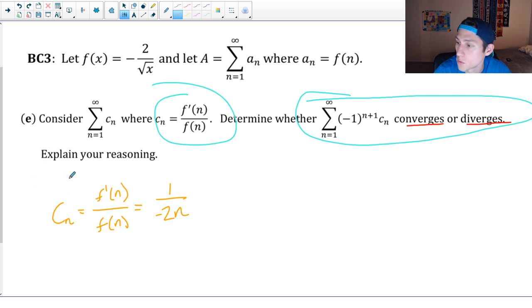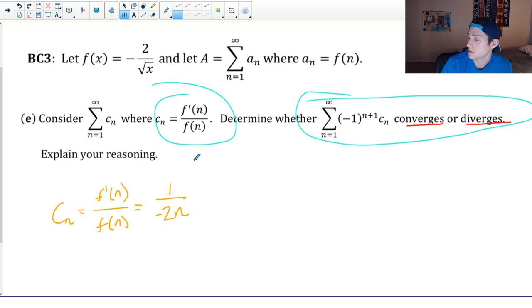Now you could go through and do the work on that again, but I'm just using the work I already did to do f over f prime. Then if I want f prime over f, then just take the reciprocal. And you should be good.